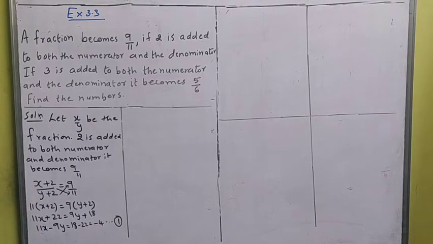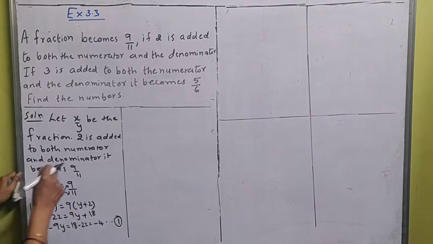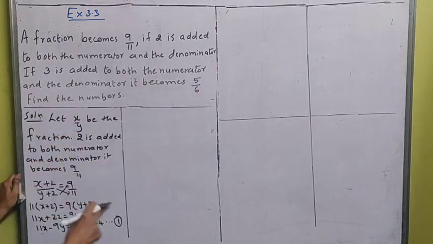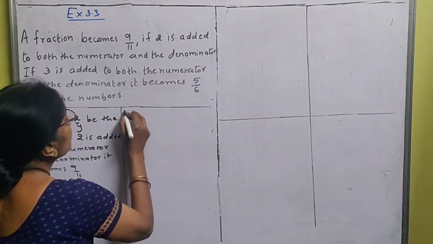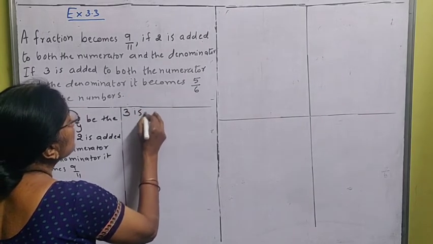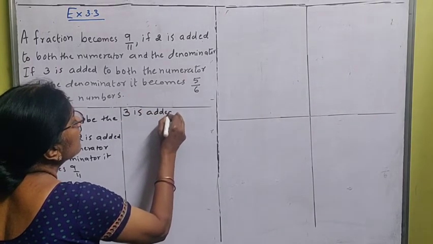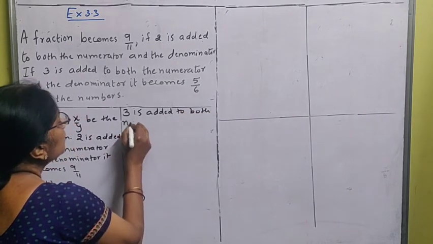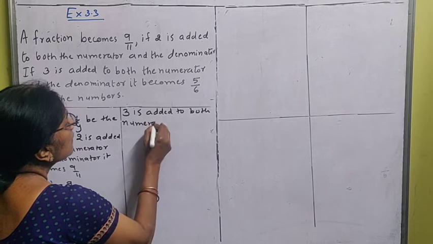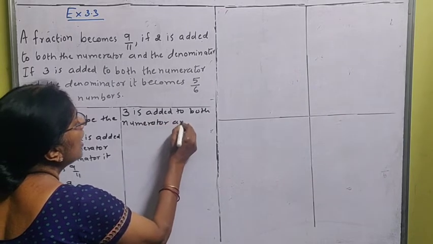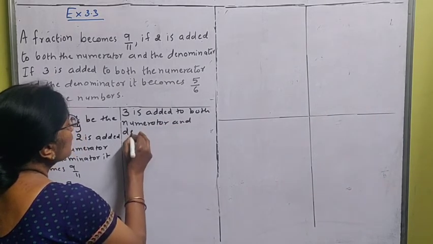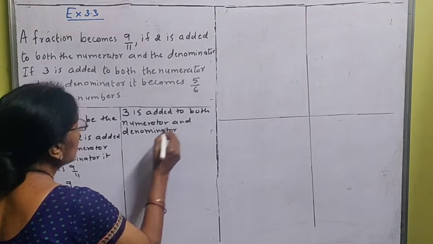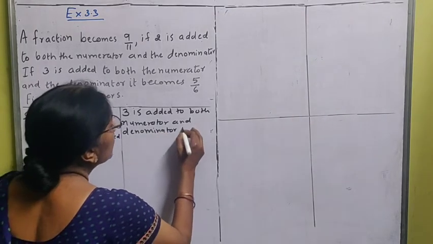Now let us go to the second equation. How to make the second equation? What is told? If 3 is added to both the numerator and denominator, what will happen?